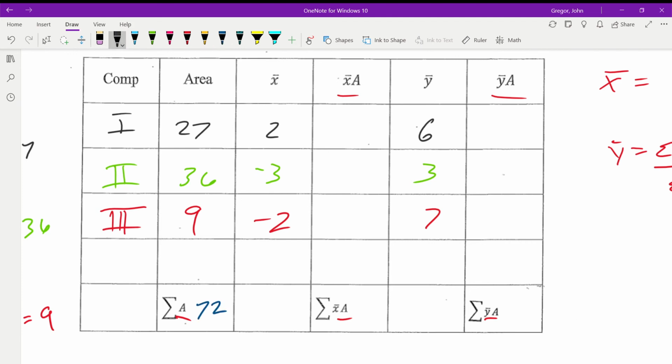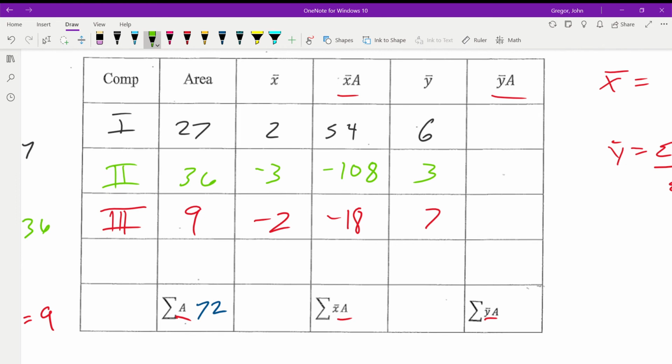Then I'm just going to write out the rest of them. We have 27 times 2, which is 54. Negative 18. And then 36 times 3, which is negative 108. So this negative does cause that to be negative.